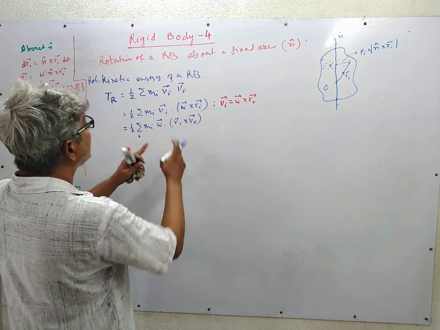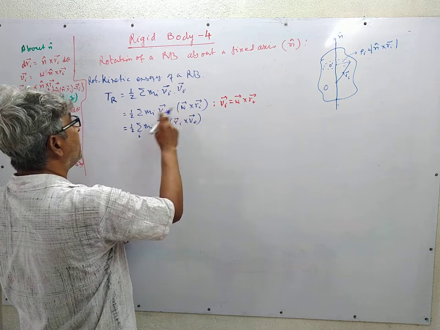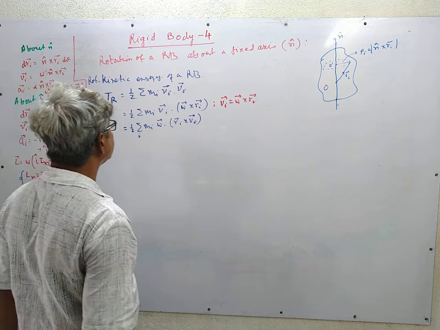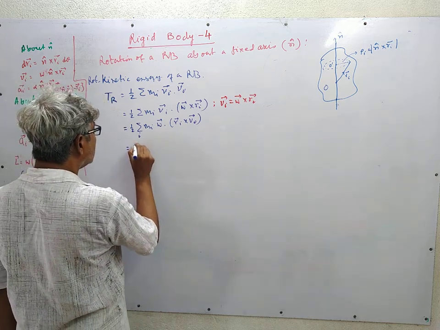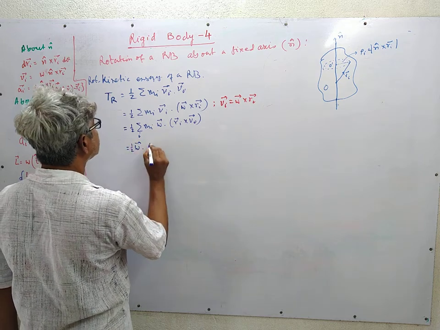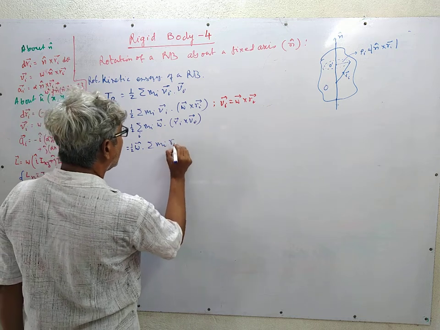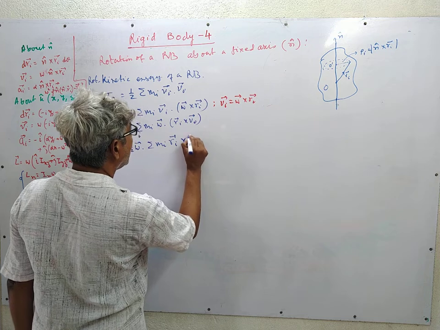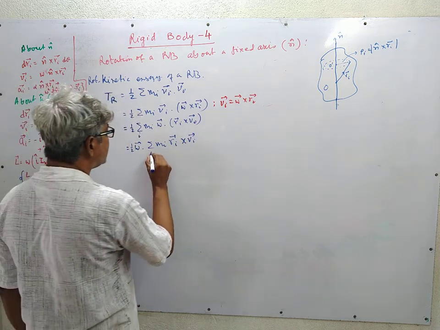Here we have made two interchanges, firstly with omega and v and secondly with v and R, so the sign remains unchanged, and we take omega out in the dot mode and the rest of the quantity is summation over m_i R_i cross v_i. This is nothing but the angular momentum of the rigid body.